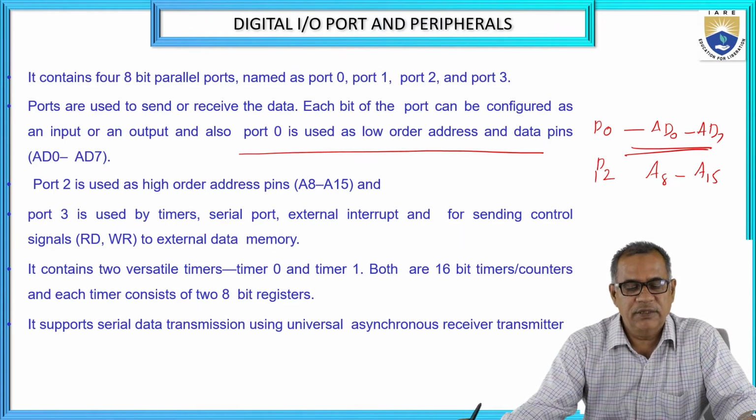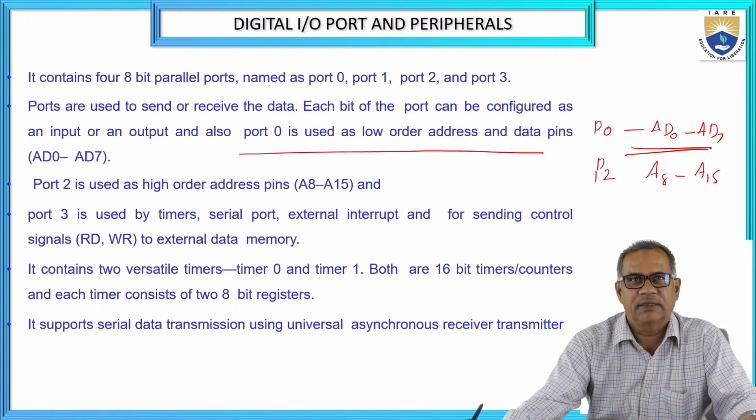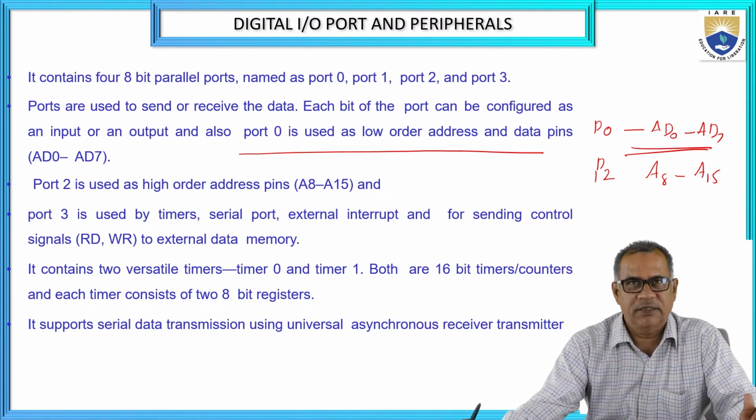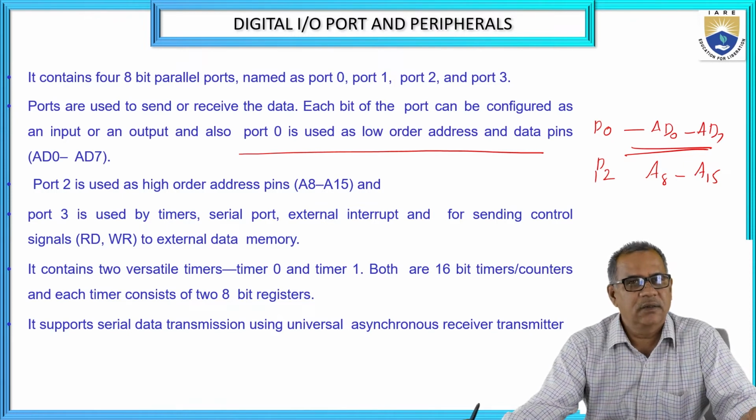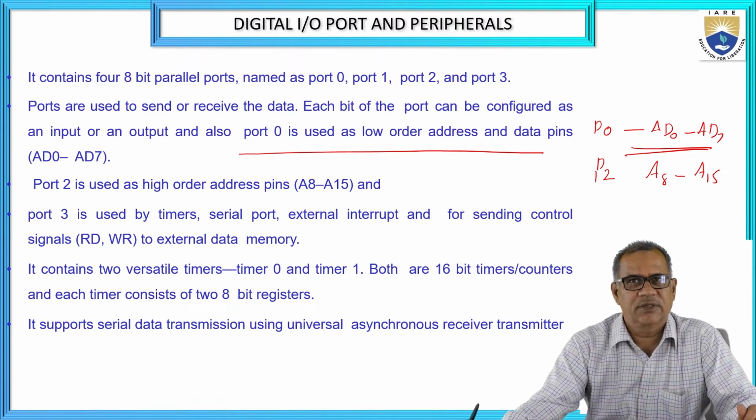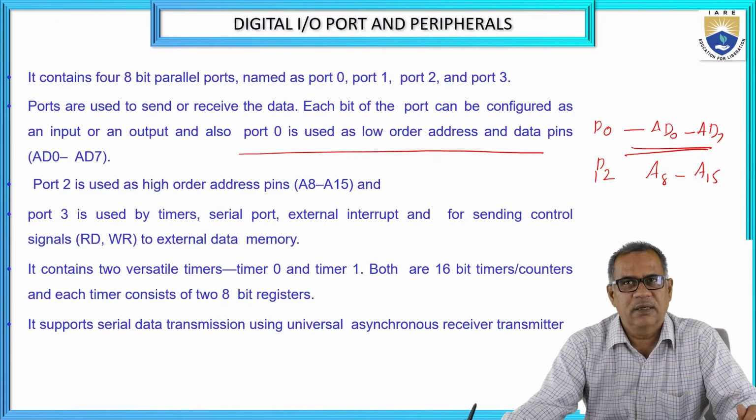And port 3 is used with the timers, serial port, external interrupt, and for sending control signals to external data memory. The 8051 microcontroller contains timers, timer 0 and timer 1, and both are 16-bit timers, and they work in the timer mode or the counter mode.